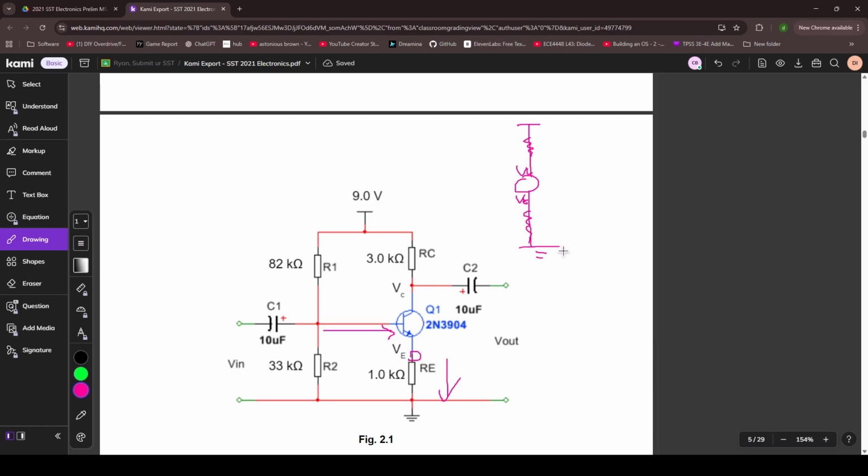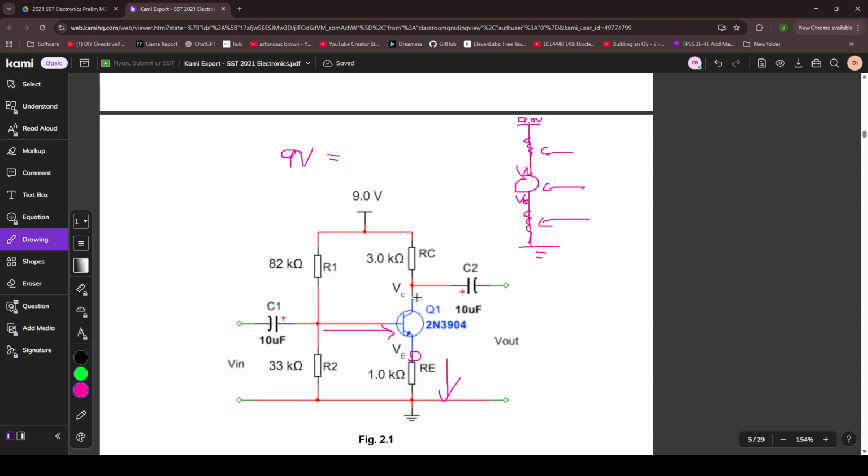And then we know that, based off KVL, the 9 volts, which is the source here, is equal to the voltages of everything added up here.